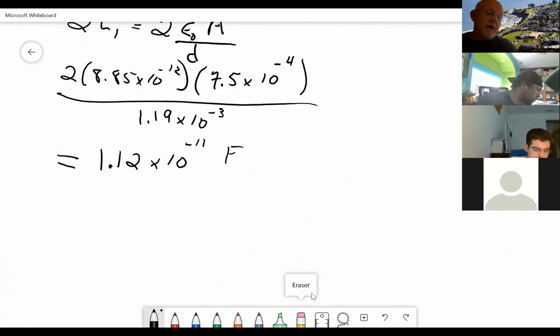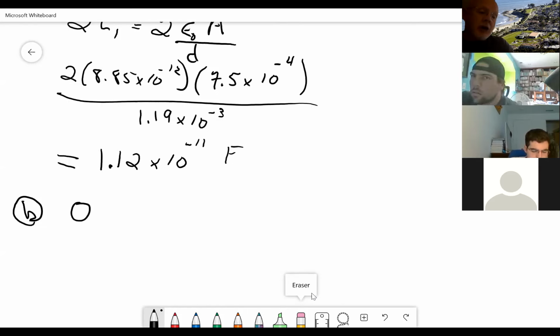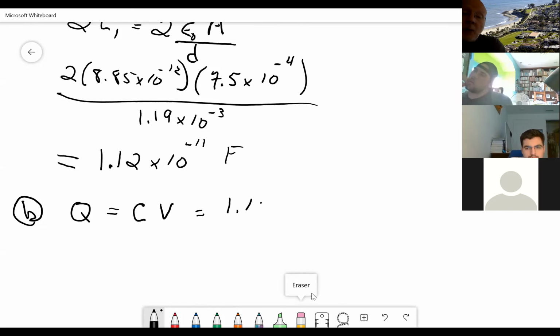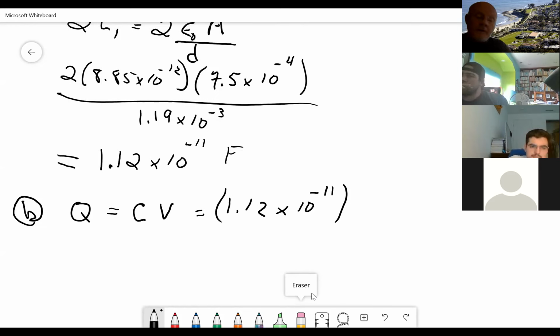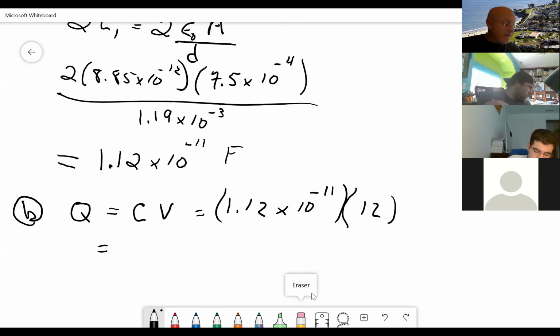So B says that the charge is the capacitance times the voltage. I'll use the whole capacitance, 1.12 times 10 to the negative 11. And then the voltage is the 12 volts. That first number is already in my calculator, so I'll just go times 12 volts.